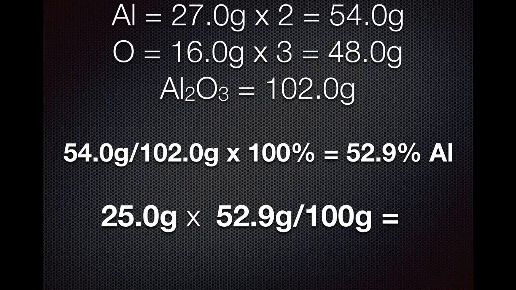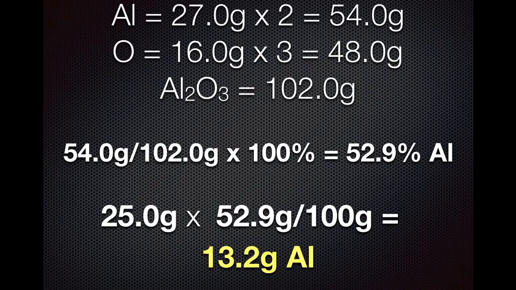Or like I said, you can just go, what is 52.9% of 25.0 grams? When you do that, you should find that 13.2 grams is 52.9% of the 25 grams that you have. Since they're only asking about aluminum, that is all that I need.